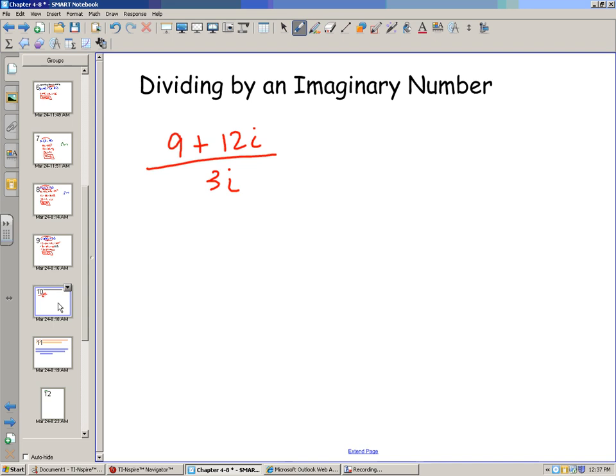Okay, dividing by an imaginary number. Here's the kicker. You cannot divide by an imaginary number. You can, but its simplest form may not have an imaginary number within it, in the denominator.